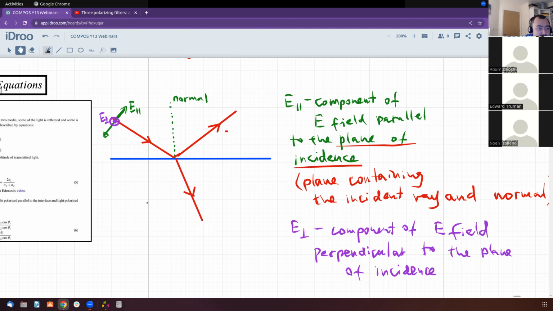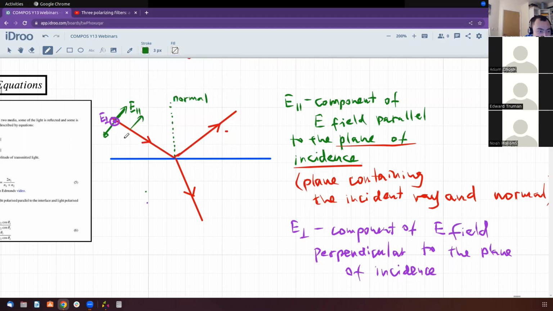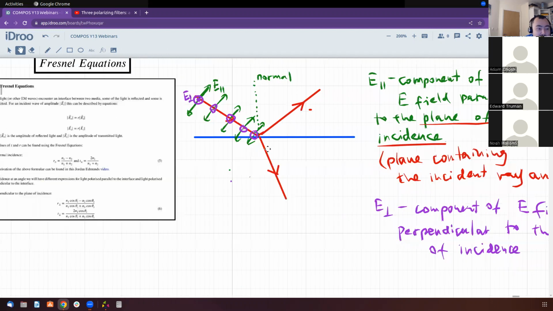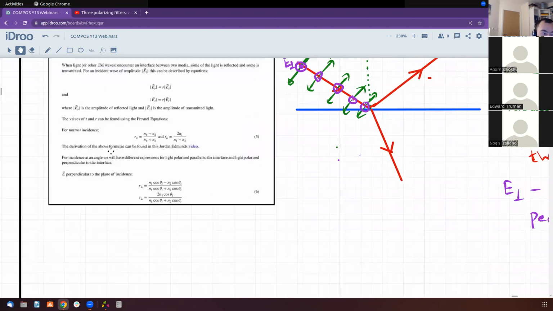Good. So this wave comes in like this, and the two components behave quite differently at the boundary. As a matter of fact, the Fresnel equations tell you how much of it is reflected and transmitted.